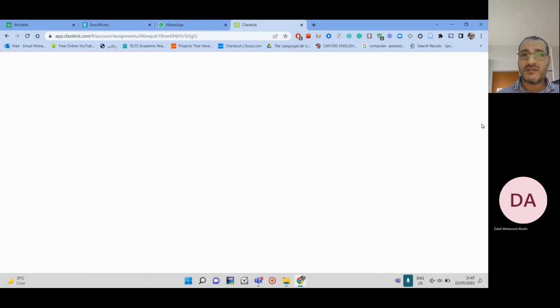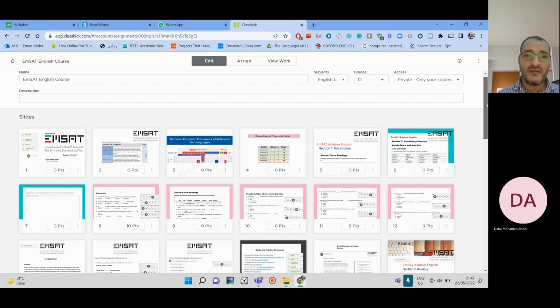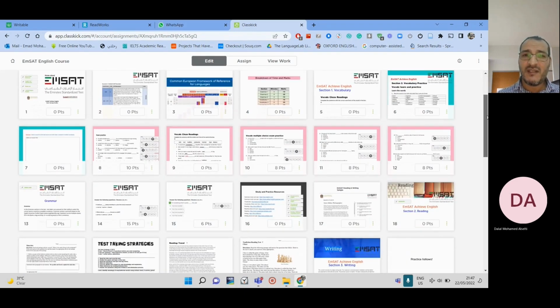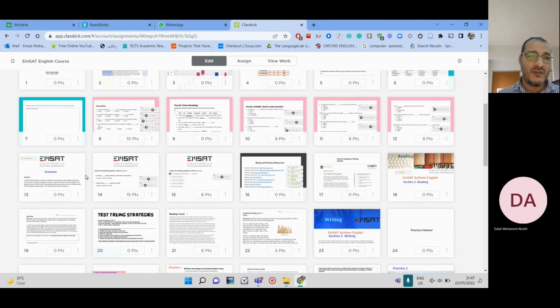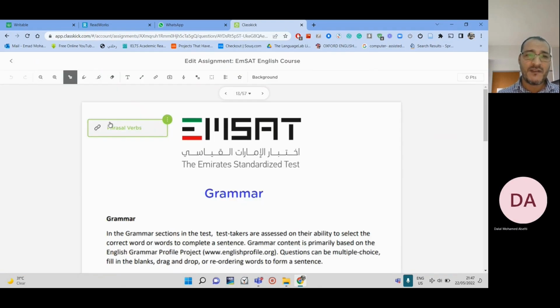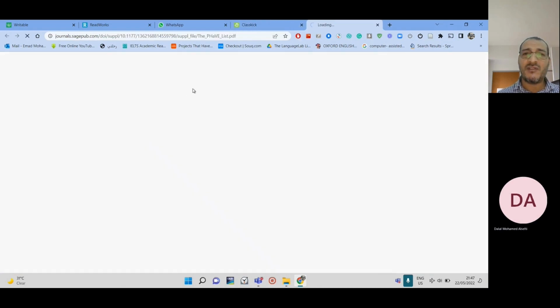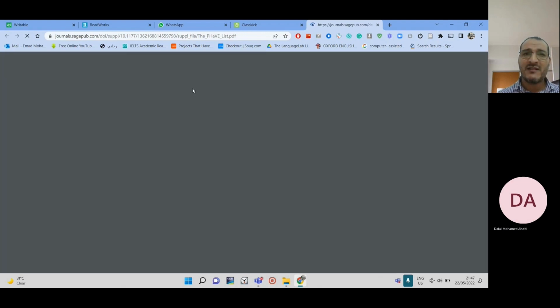Something else I need to refer you to is this page here, for grammar. If you go to slide 13, you find a link to phrasal verbs. I promised you last time that I would try to find the link. This link is actually a website where you can also revise and practice English.